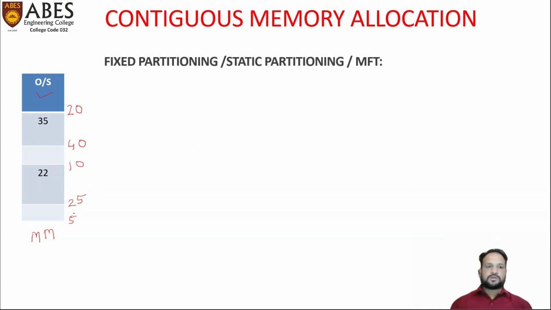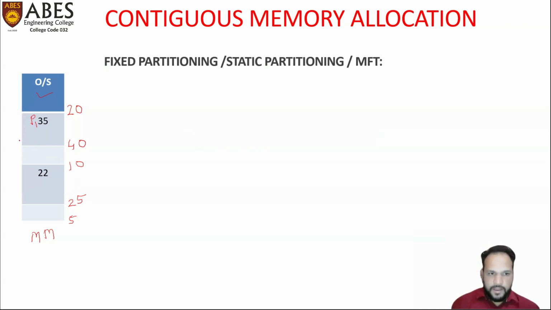Now suppose there are some processes that want to be accommodated for processing. Process P1 requires 35 MB of main memory.